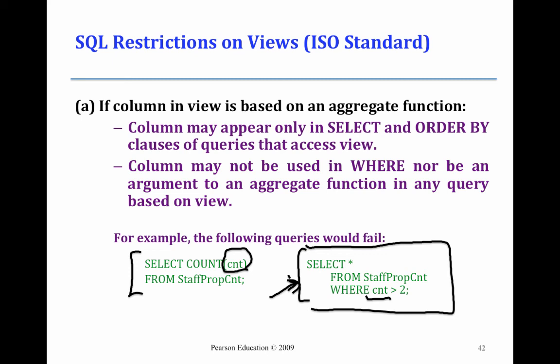Okay. Well, the restriction on aggregates is that they're not allowed to show up on the left-hand side of an inequality comparison. They can only show up on the right-hand side. So when this gets translated to the underlying query, it would essentially be where count star is greater than 2.